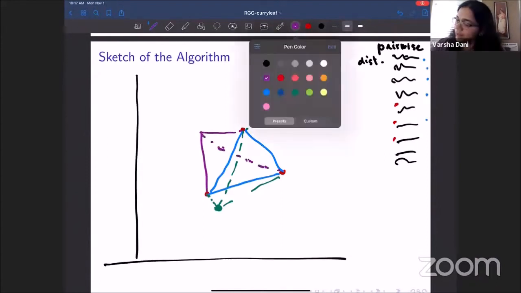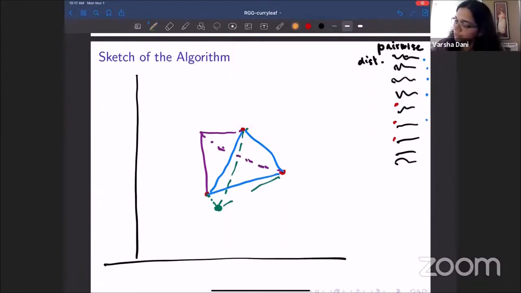And I have yet another point I want to place, and I know once again the distances from these three landmarks, and maybe it gets placed there. So the point is, because I know all pairwise distances, I can now just do a little geometry using these three landmarks that were in the center, and relative to those, I can place all the points.